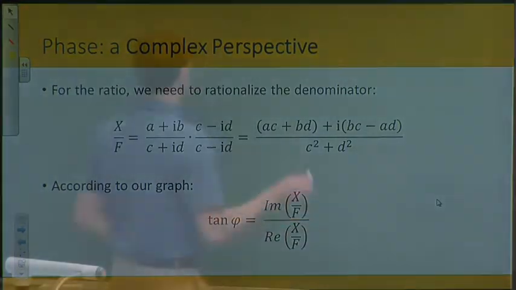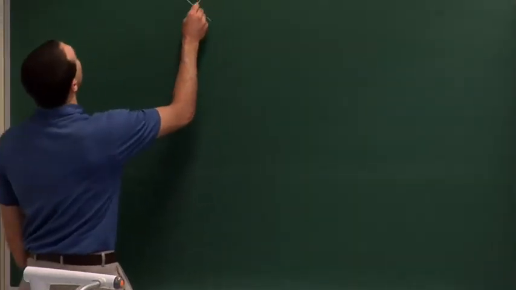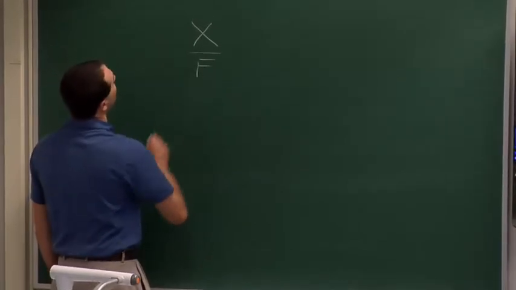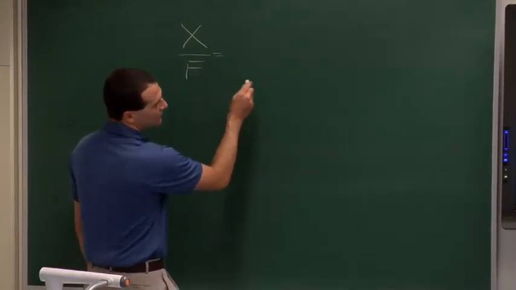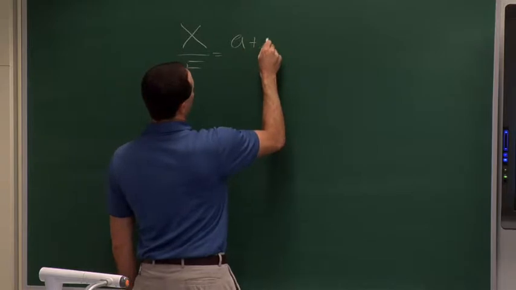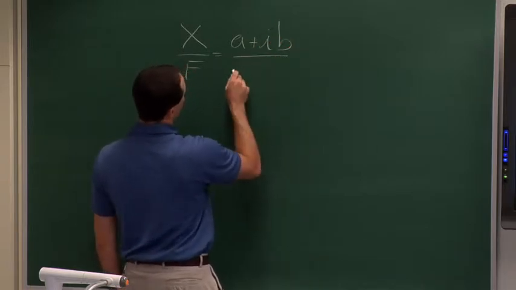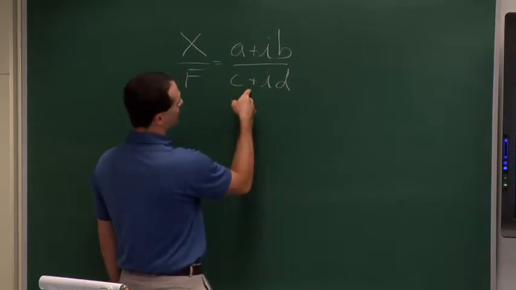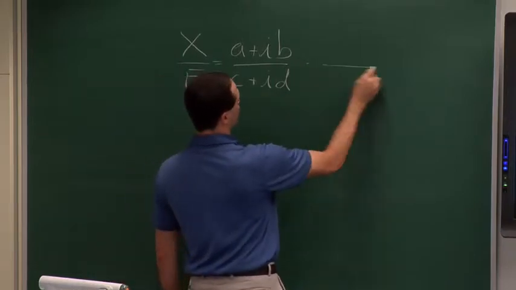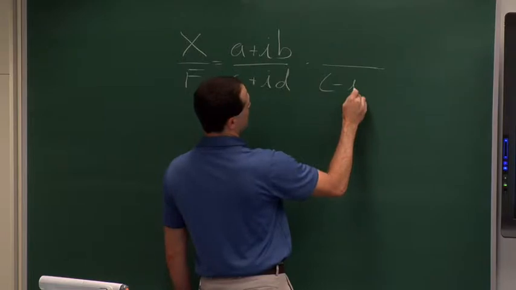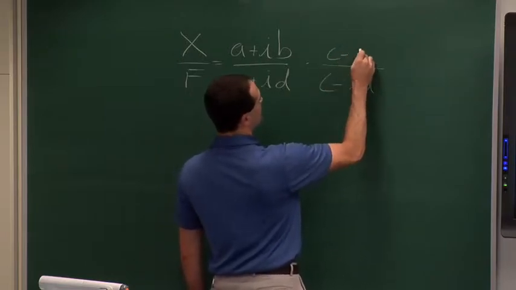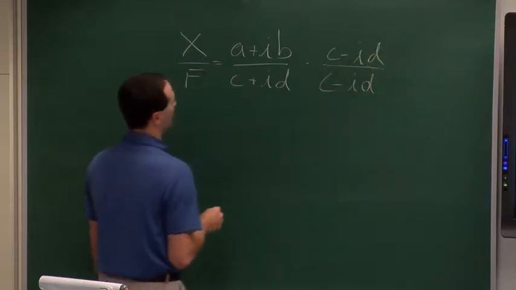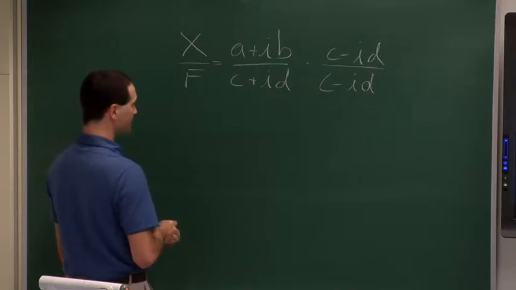So quickly, I take X over F, and I have A plus iB over C plus iD. The conjugate of the denominator is simply going to be C minus iD, and I have to multiply the numerator and the denominator by this to rationalize it.